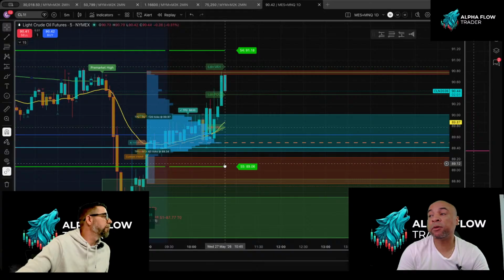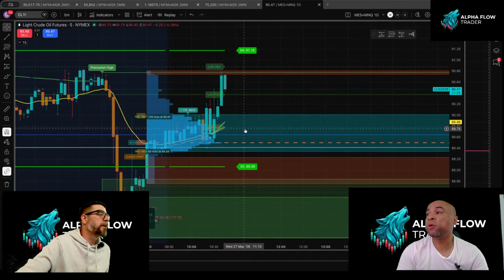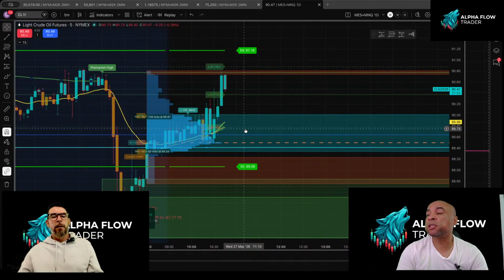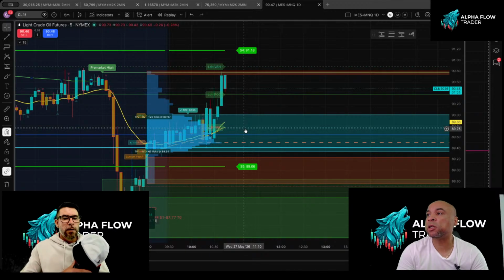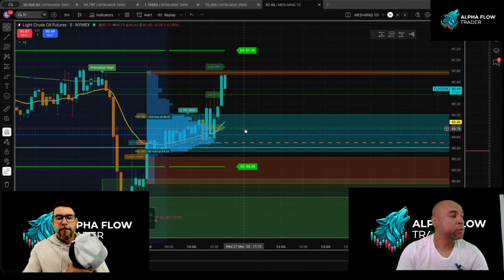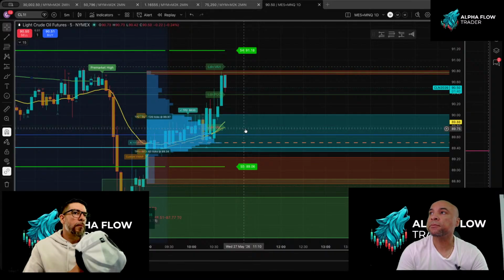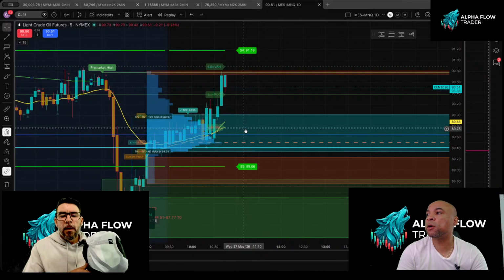If it doesn't even come back down to S5, just a regular normal pullback, and then a continuation shift back towards S4, it will give us a continuation long. Which I would respect because we've got good news to drive it long. So looking for a continuation long on oil.